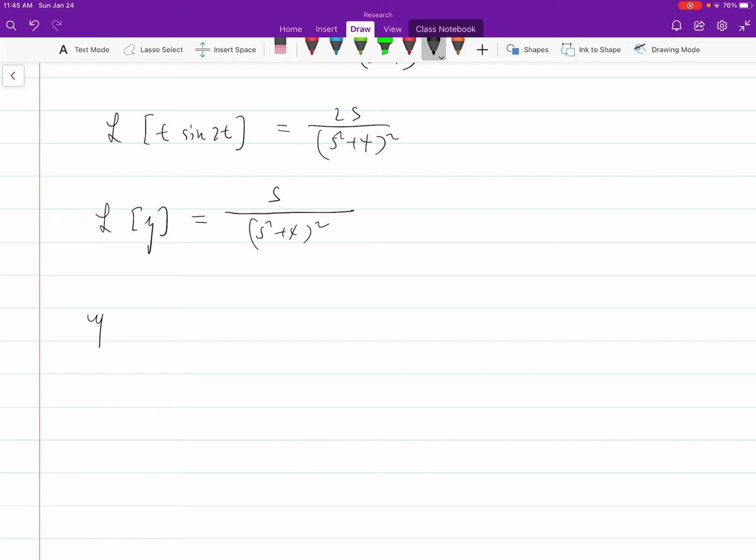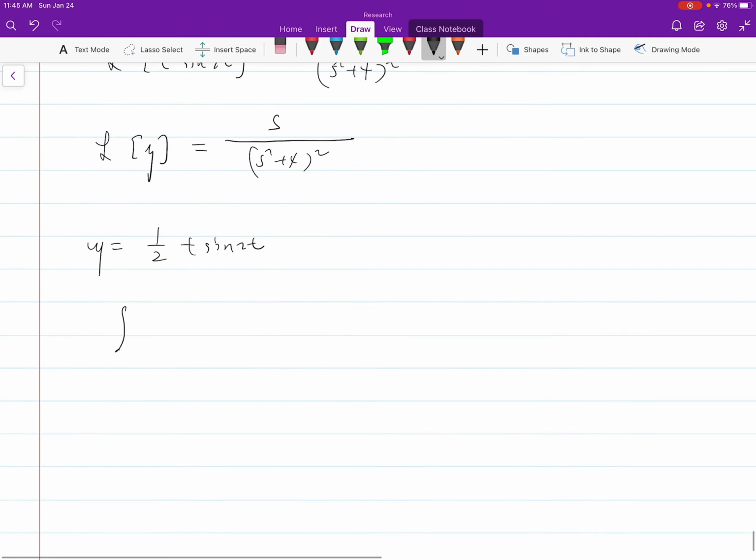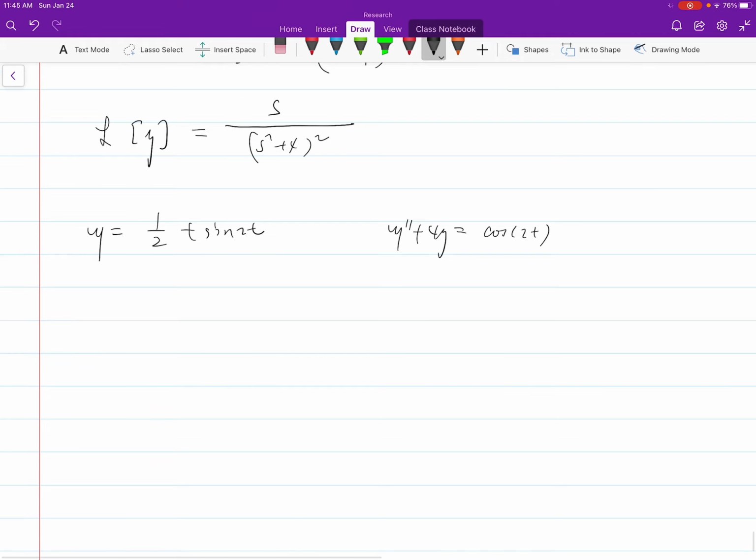So the solution of this is going to be, when you have something like that, let's just say, putting an external force which matches the natural frequency is going to give you a solution which is not sine and cosine anymore.